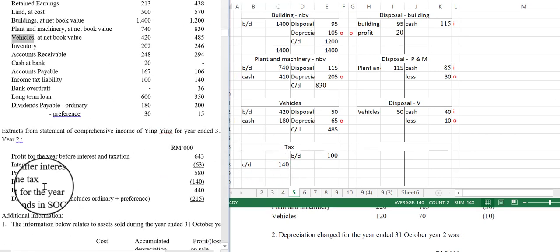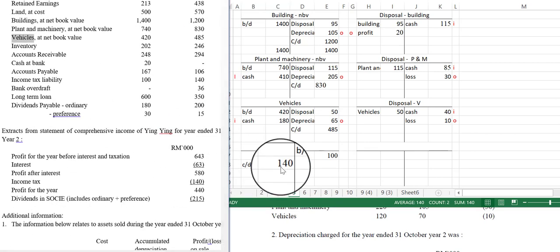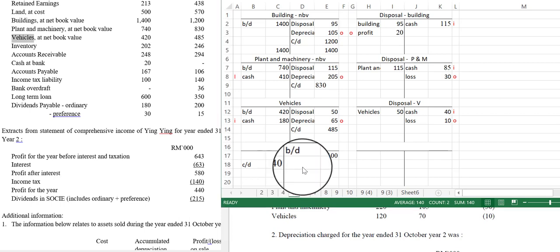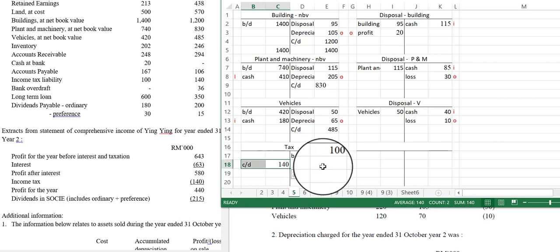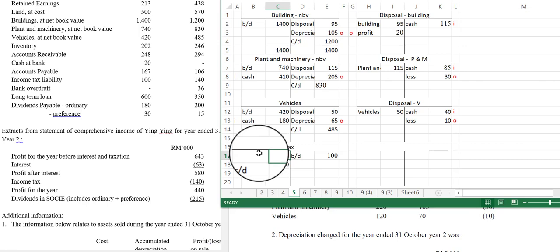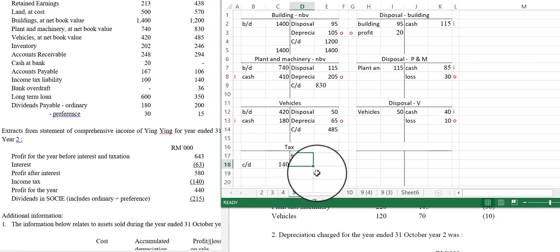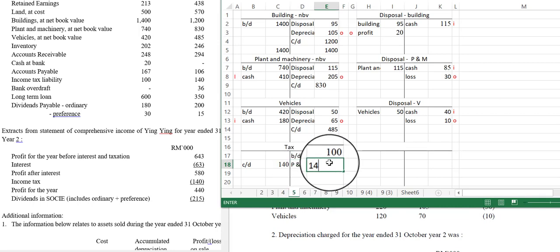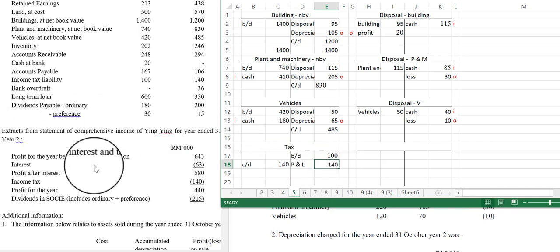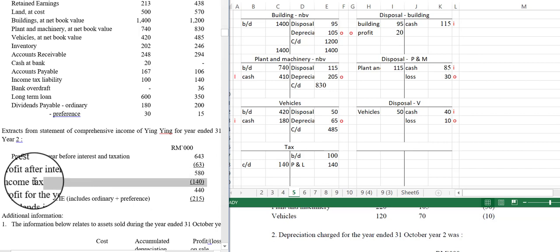So if you look at here, the income tax, this is current year tax, you are going to pay next year. So now, how much tax you have paid is basically, now this one you should put profit and loss, 140. And correspond with this and your tax year.